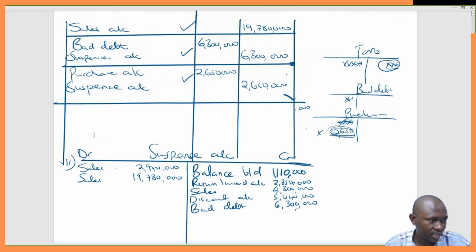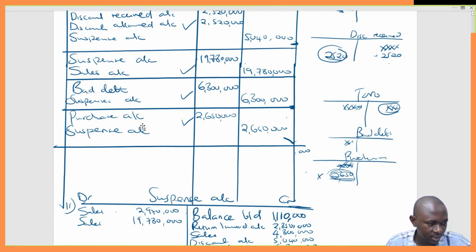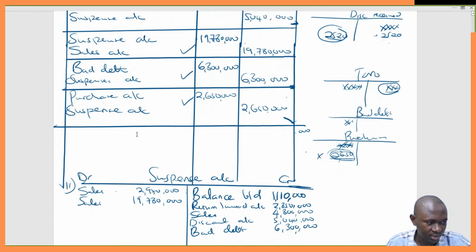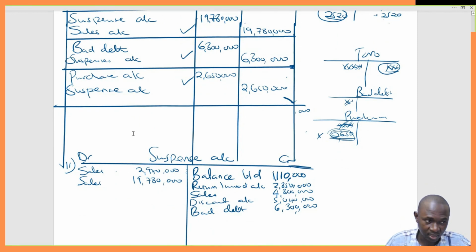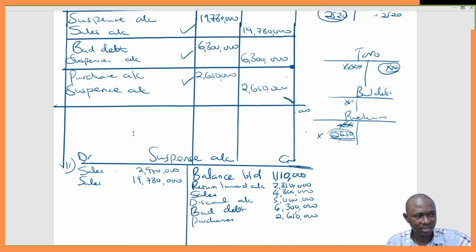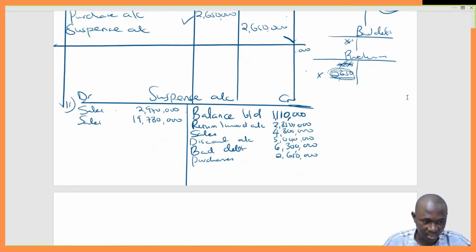Then the next item is purchases. Purchases 2650. You can see suspense account is a credit account, and the reason is purchase account. So simply come here and say purchases, and the figure is 2650, like that. So we are just reading from the corrections that we've made and writing the same.